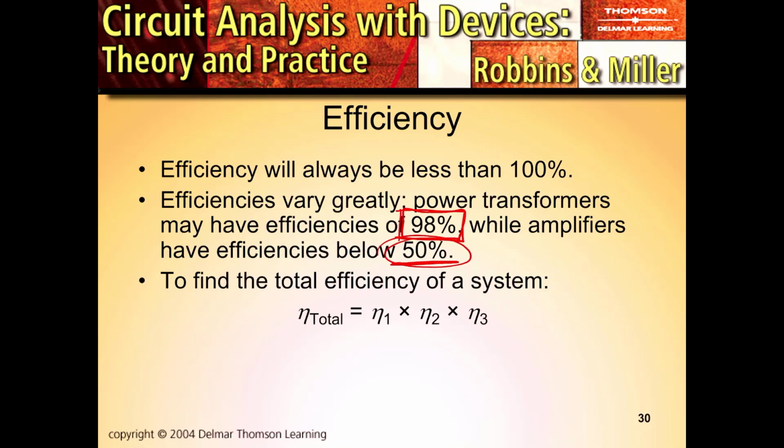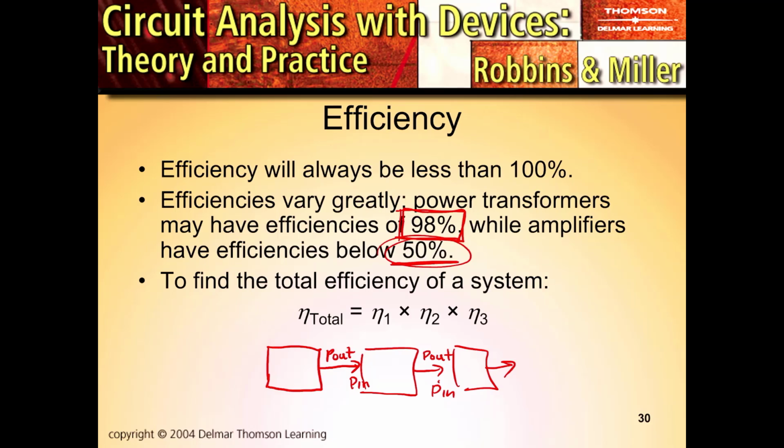So what happens when we have one electrical system, or mechanical system even for that matter, where its power out becomes the P in value for another system, and then that P out becomes the P in value for a third system?